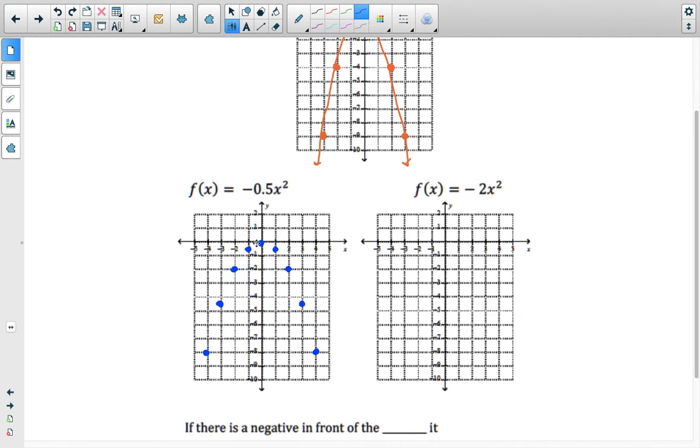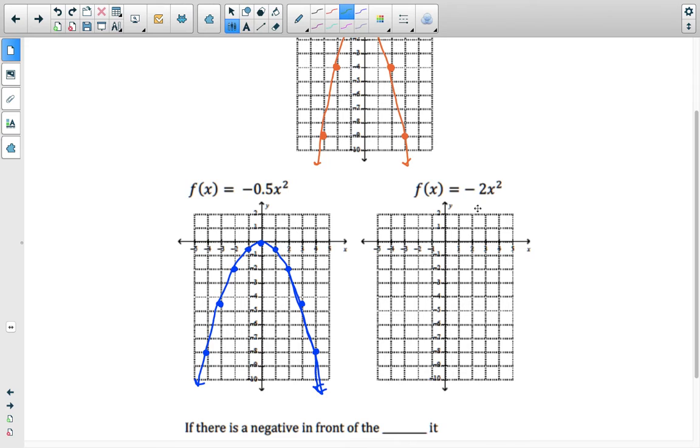So it looks like the graph is also pointing down again. If we had just multiplied by a half, all of our y values would have been the positive of it. So the y values are changing from positive to negative when we multiply by this front number. It is still getting wider because it's a half, but now it's pointing down because of that negative. And we want to make this as parabolic a shape as possible.